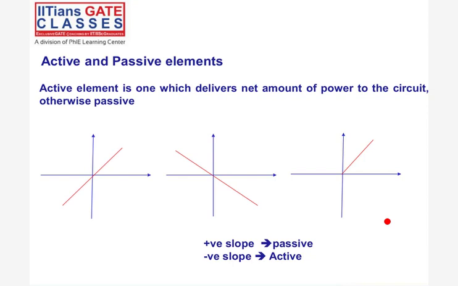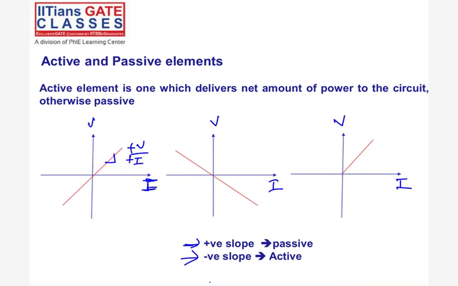So if you see these are the VI characteristics. An active element delivers net amount of power. That means if you can see, a positive slope is a passive element, a negative slope is an active element. So plus V by plus I is positive slope.